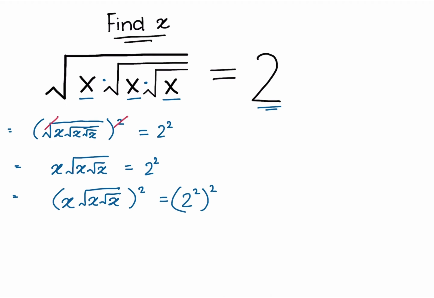You can see that we don't directly cancel the square root symbol over here because there is an x in front of it. So to simplify that, we're going to write it as x squared times x times the square root of x is equal to 2 squared, squared.